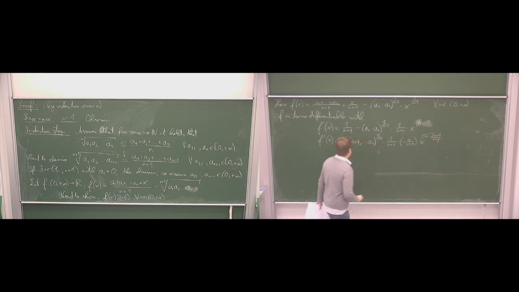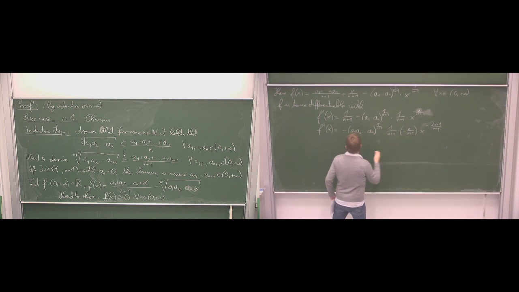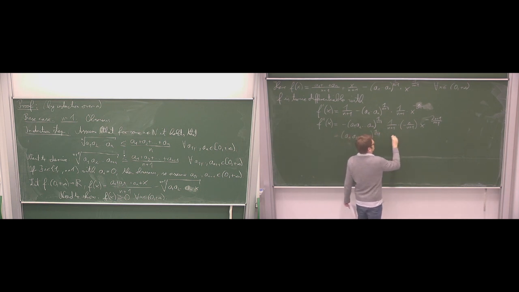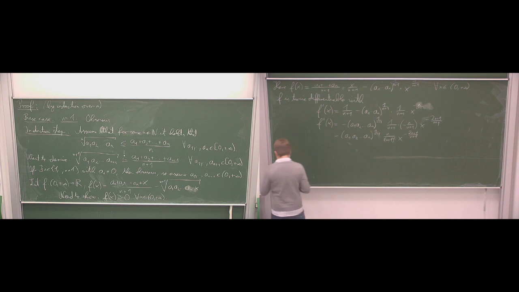And to slightly simplify this, we see we have two minus signs which cancel each other out. So (a1, a2 to an) to the power of 1 over n plus 1, and then we get n over (n plus 1) squared times x to the minus (2n plus 1) over n plus 1. Okay, these are now the derivatives.